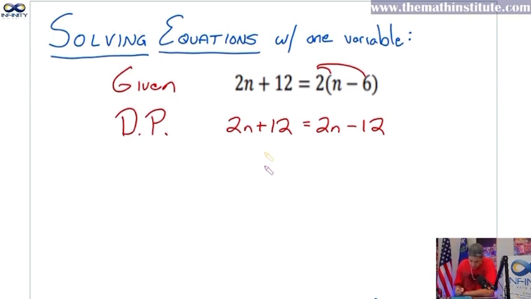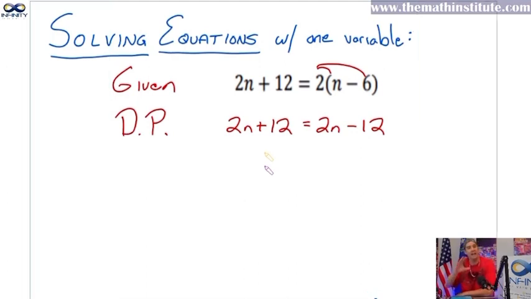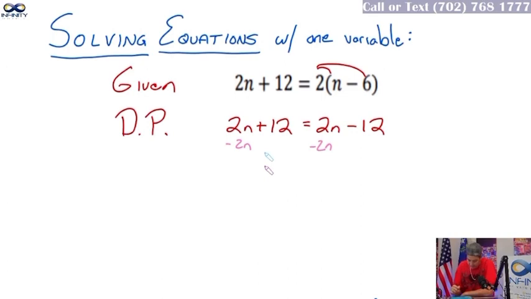Next thing I'm going to do in order to isolate the variable is I'm going to try to move my variables to the left, and I'm going to move my constants to the right. So in order to get this 2n over to the left, I'm going to subtract 2n. Anything I do to one side, I must do to the other. That positive 12, I want to move that to the right side.